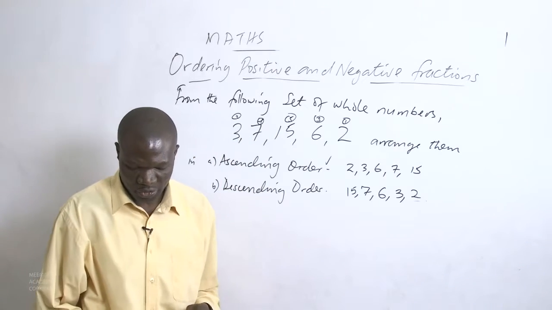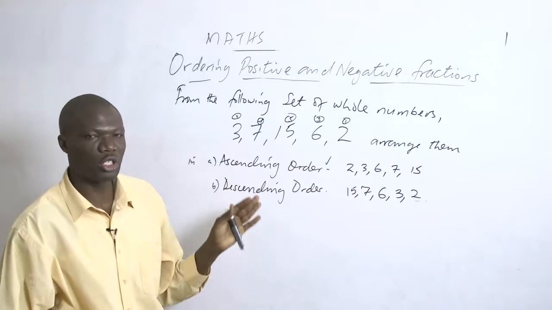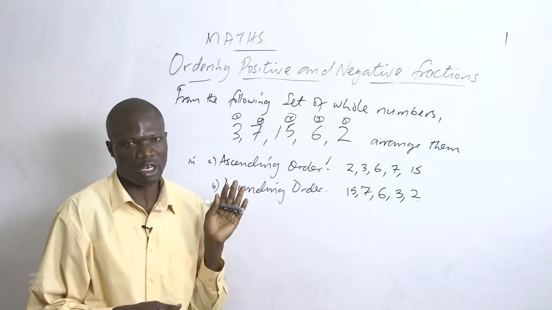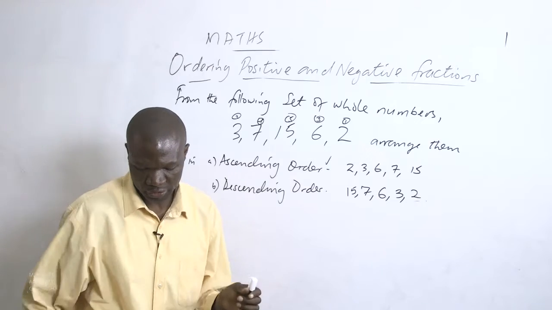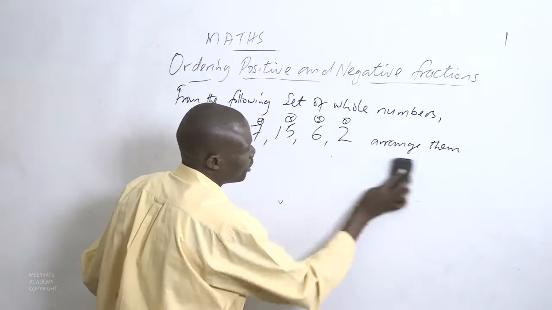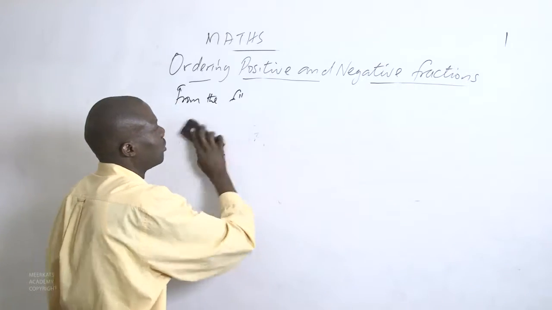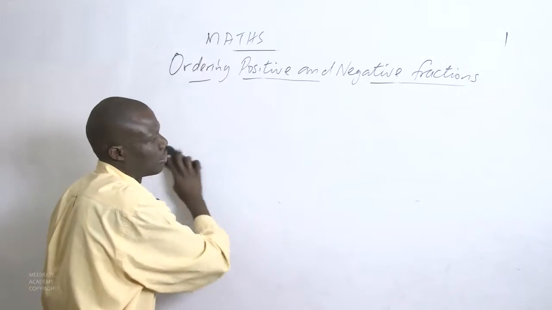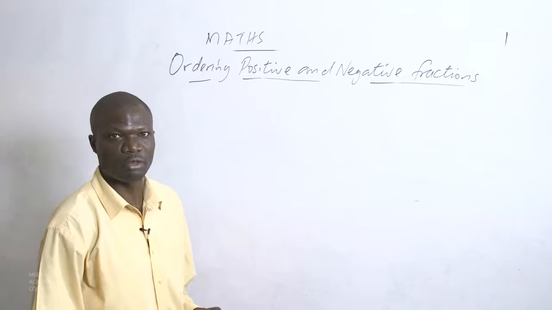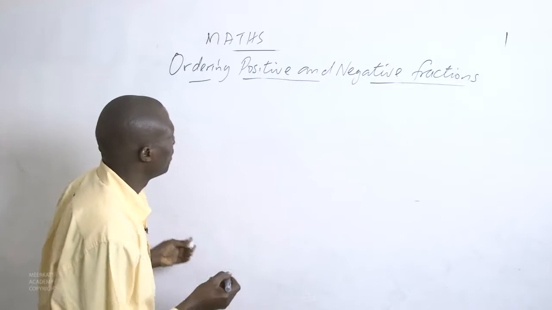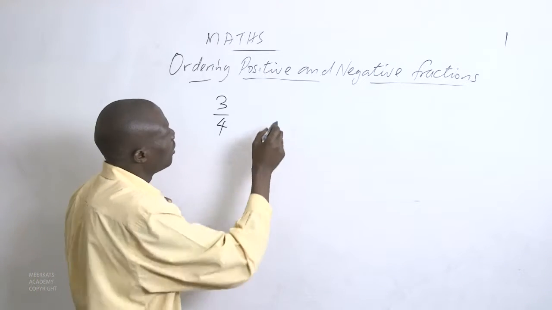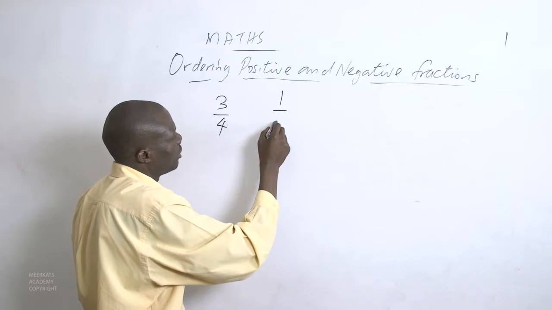But this time round, we want to look at fractions and see how we can come up with ordering a set of fractions. Let us consider these fractions, 3 over 4 and 1 over 2.